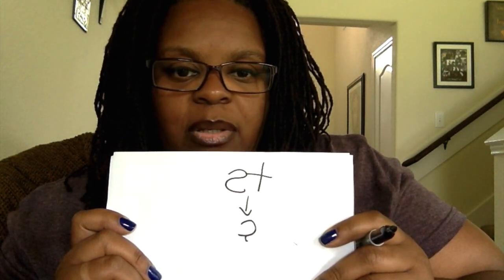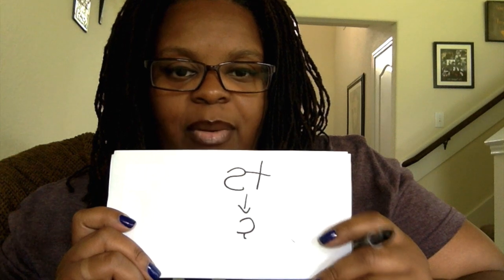It's the cedilla. Now, if you speak French or Portuguese, you're familiar with the cedilla. Actually, that's backwards. I should be writing everything backwards. Let's try this again. S, T, and then we're going to try to do a backwards cedilla. I've never done this before. So let's see if I can make this happen.